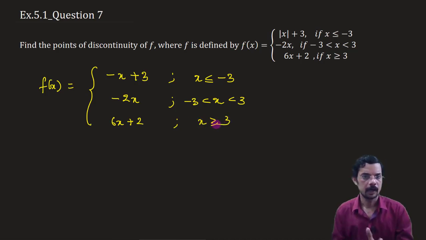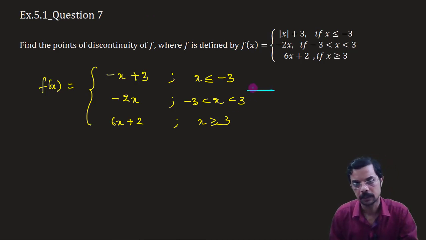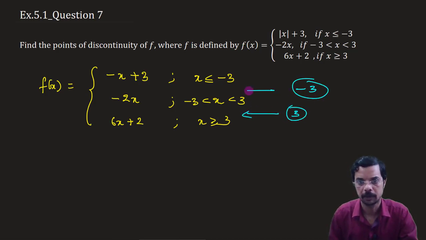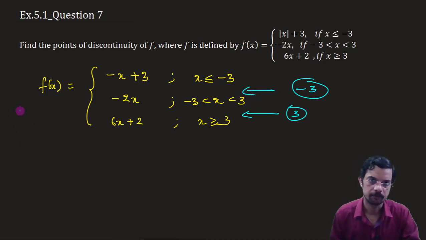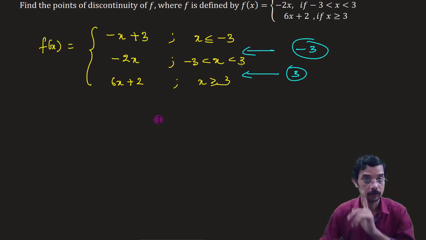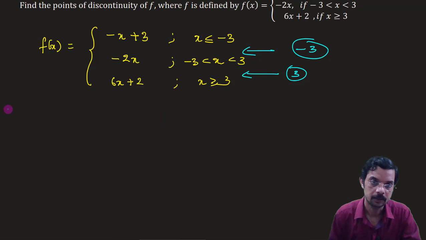Now, we shall check for 3 and minus 3 because these are the points where it breaks. At minus 3 and 3, the function breaks into different formulas, right? So, we shall check the definition of the function at x equal to minus 3 and x equal to 3.